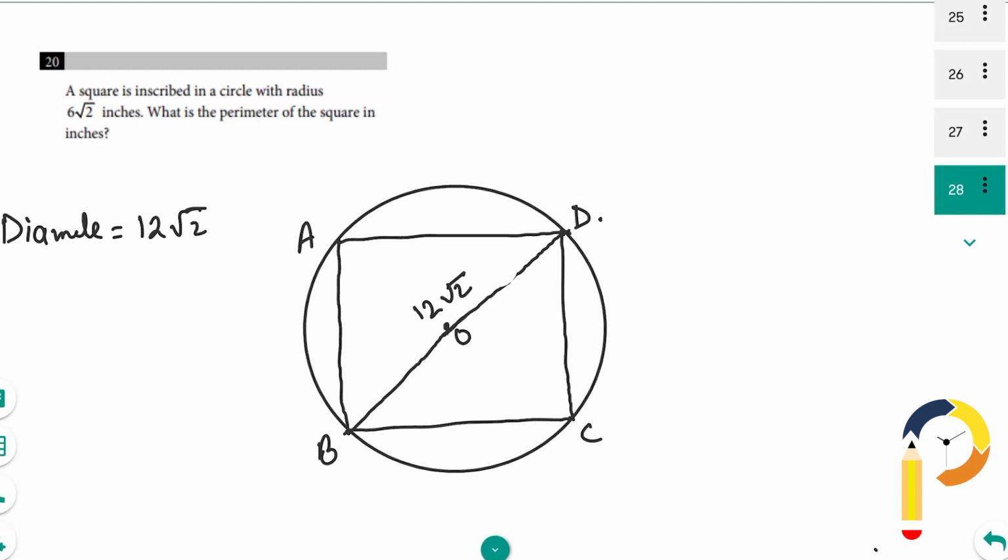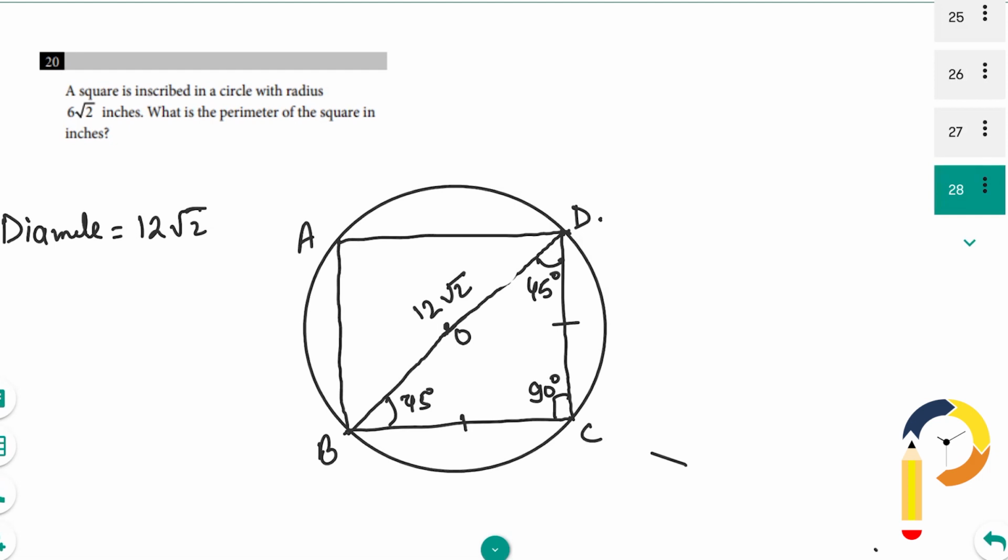In this triangle, this is 90 degrees because this is a square. Definitely the other angles will be 45 and 45, as this side and this side of the square are equal, right?